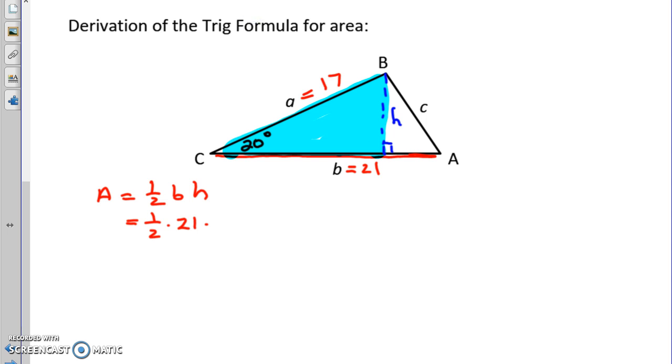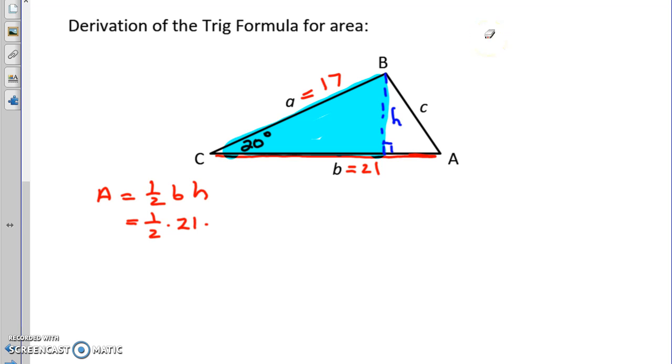So in the right triangle, we have the height as an involved side. We have 17, or side A, as an involved side, and for this right triangle, 17 is the hypotenuse, and then we also have C, which is an angle of 20 degrees.